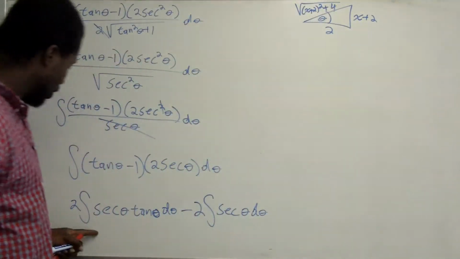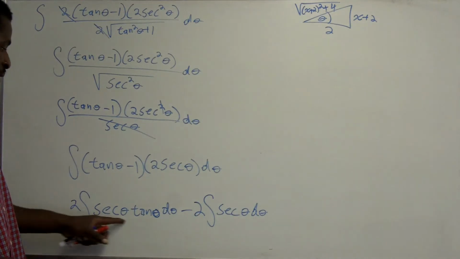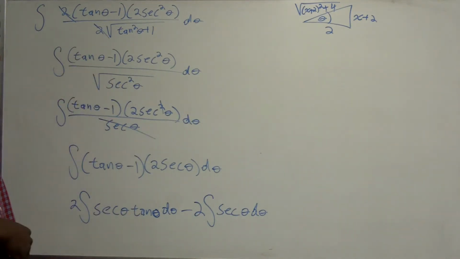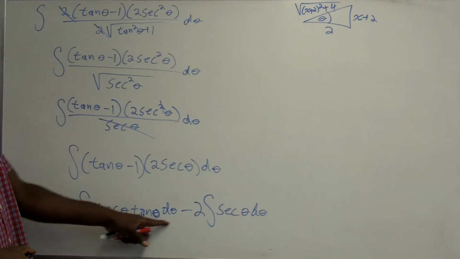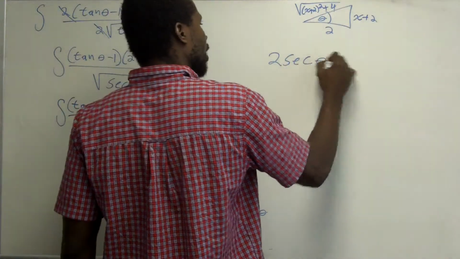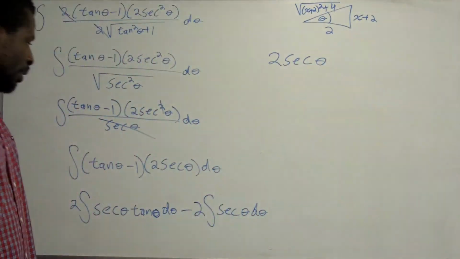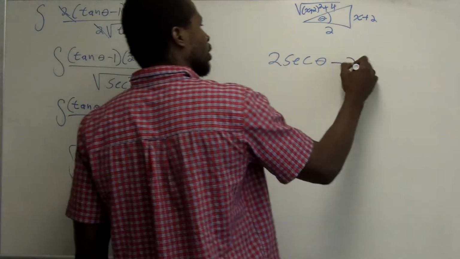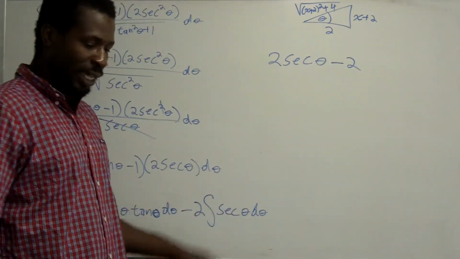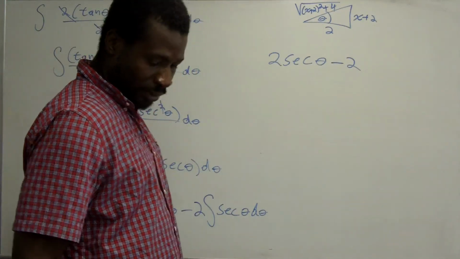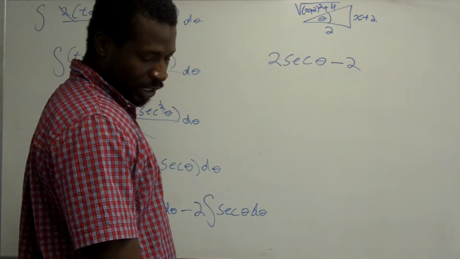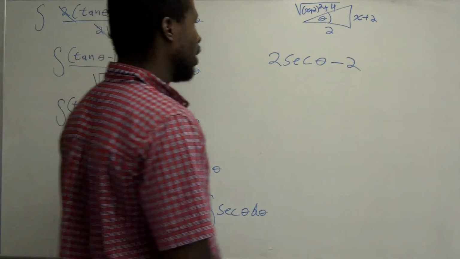This integral here, the integral of the secant tangent. Well, when I take the derivative of the secant, I get secant tangent. So if I integrate secant tangent, I should get secant of theta. Now minus 2 times, when I integrate the secant of theta d theta, well, the integral of the secant is the natural log of the secant of theta plus the tangent of theta plus c.